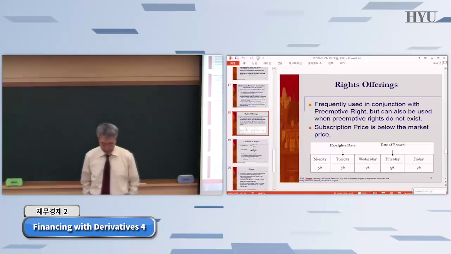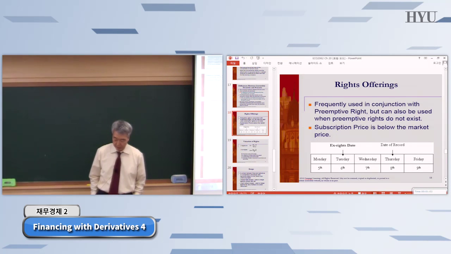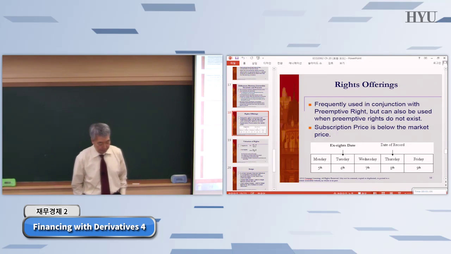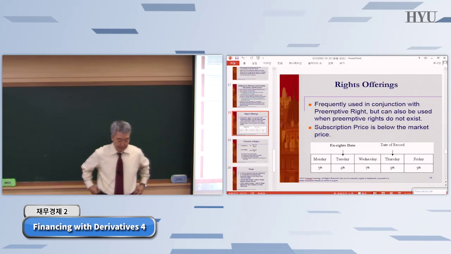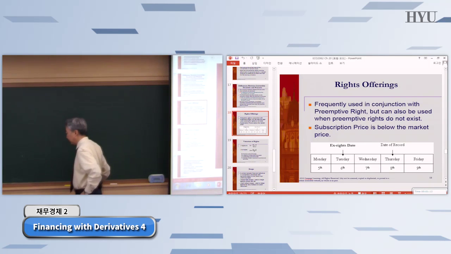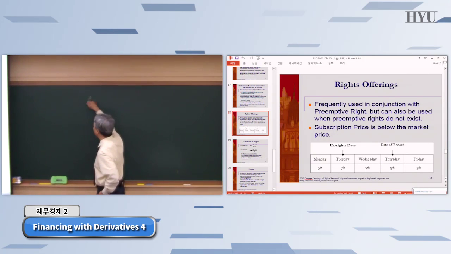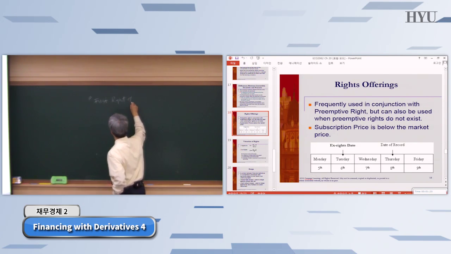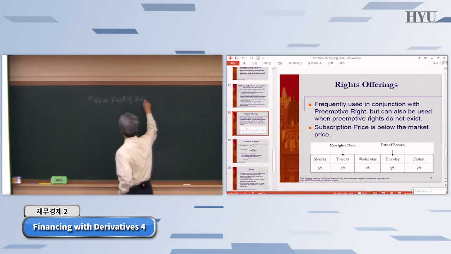So rights are, again, the options given to existing shareholders, okay? And it's also called the first right of refusal, okay? Yeah.